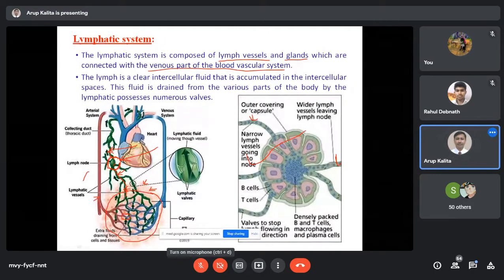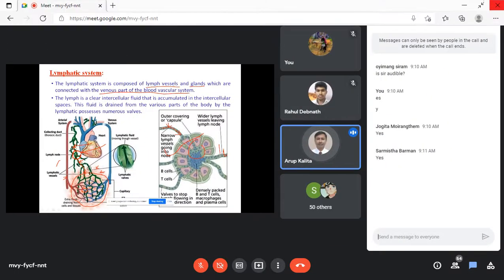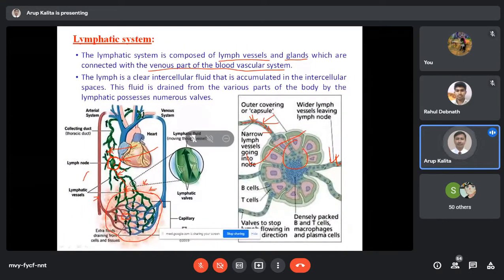From one side lymph will be coming to the lymph node, and on the other side it will go out. Here in this photograph, the lymph is coming from this lymphatic vessel to the lymph gland, and lymph will be going out by this one. So this one is called the afferent lymphatic vessel, and this one is known as the efferent lymphatic vessel.